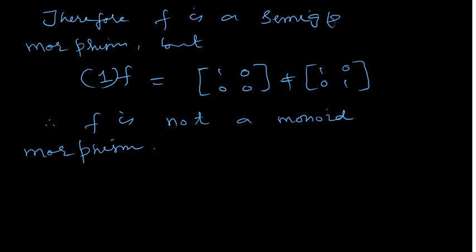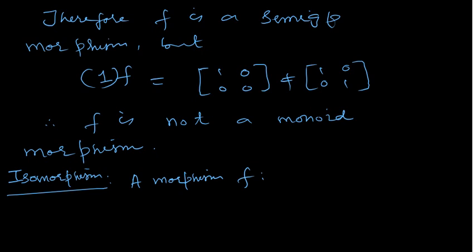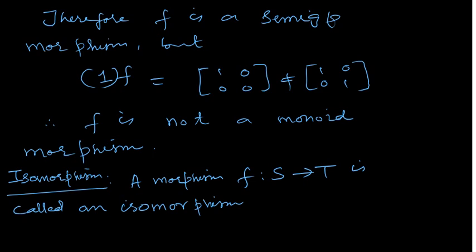Now we define isomorphism. A morphism F between the semigroups S and T is called an isomorphism if it is invertible.